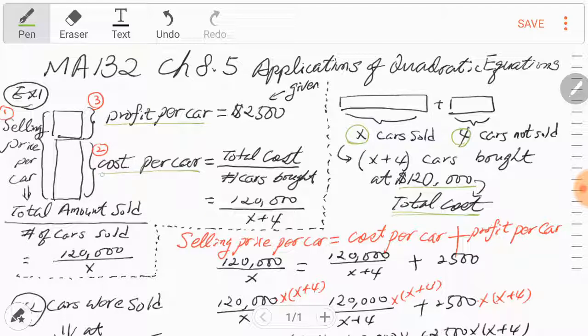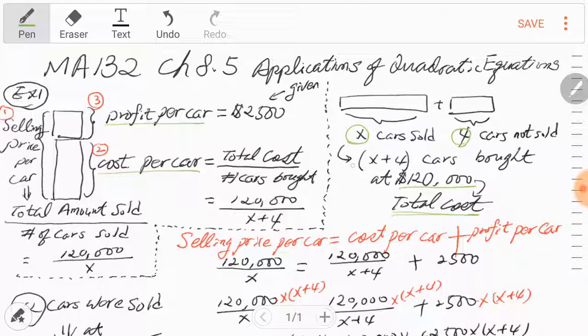And the cost per car is, the total cost is what? The total cost is the total amount that the car dealer spent. That is $120,000. The number of cars bought is X plus 4. And the profit per car is given. The profit per car is $2,500.